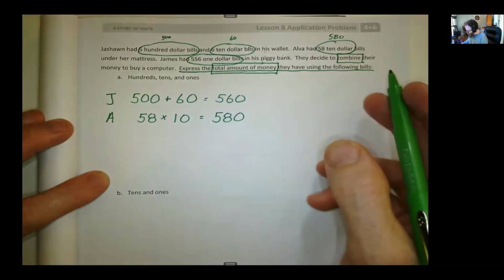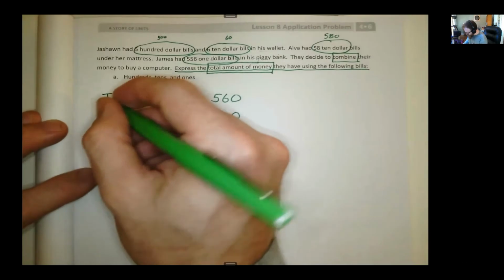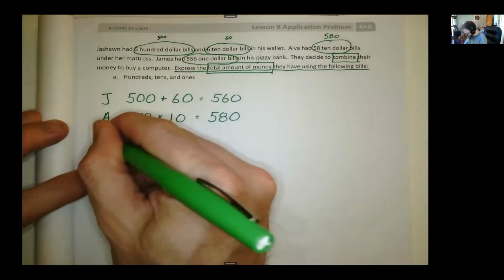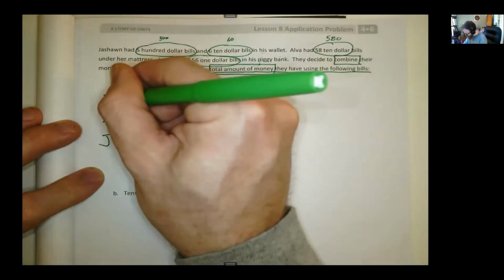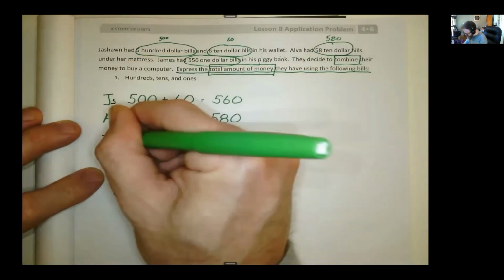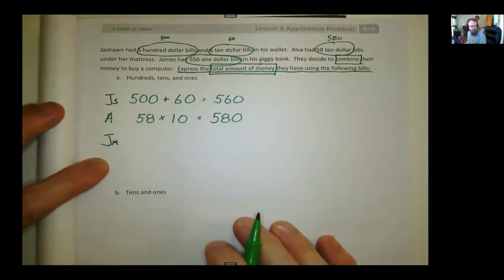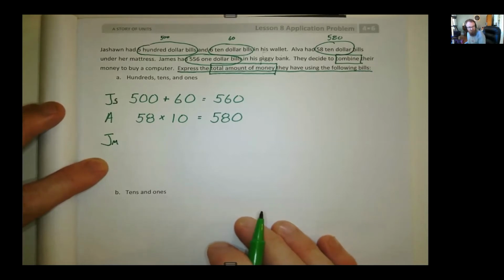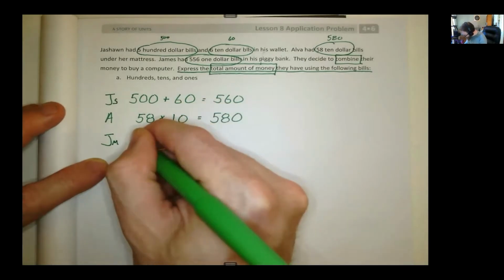And lastly, we have James. Uh-oh, we've got another J. So we've got Jashawn and James. James is the one with a bunch of singles, right? Yeah, he's got a bunch of $1 bills, 556 of them. So that's 556 times 1.